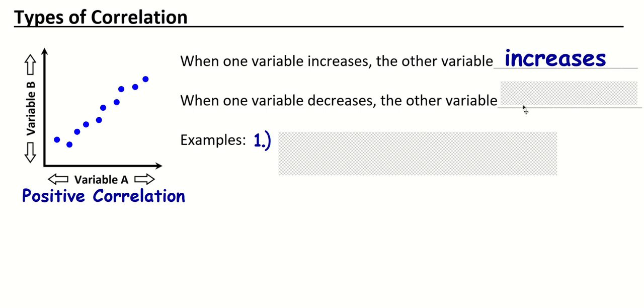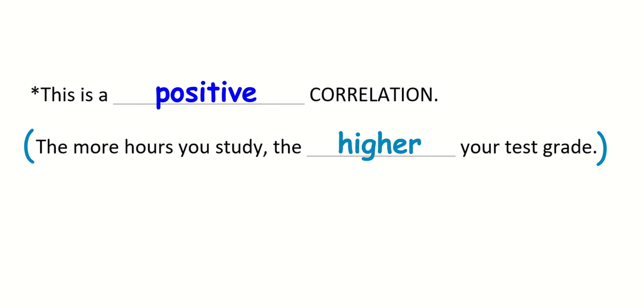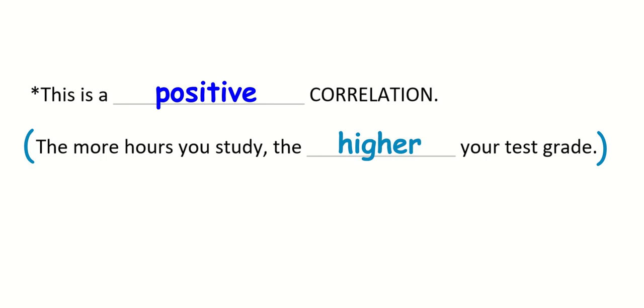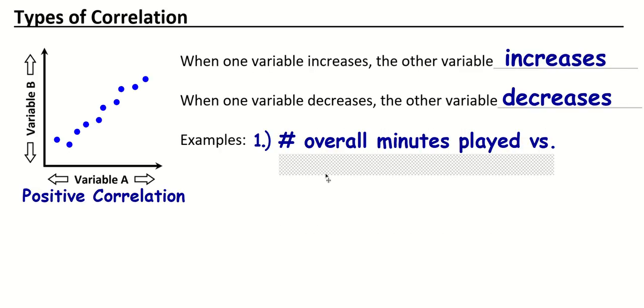And when one variable decreases, the other variable decreases, okay? So we already had this example of number of hours studied and the score you get on a test, and again, I know it might not seem like the best example. So here's another one.